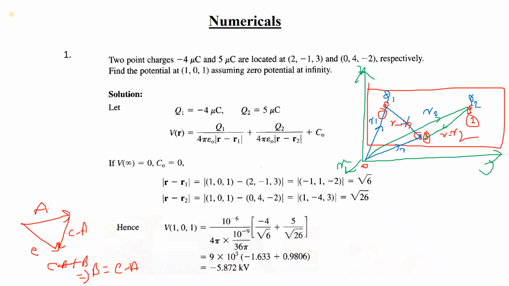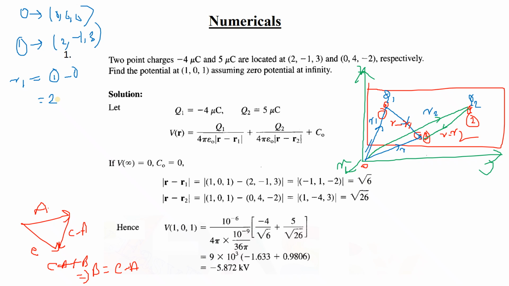Very easy, in school level you have done this. The origin is 0, 0, 0. And what is the value of point 1? It is 2, minus 1, 3. R1 is nothing but this.